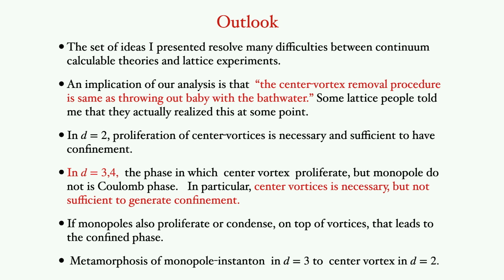Actually, you can consider the Polyakov model not with one adjoint X field, but two adjoint X fields, and you can break it to Z_N. The Coulomb phase that we talk about is already the phase in which what people call center vortices are condensed. That prepares the medium for the monopoles to be able to proliferate. Otherwise, they are connected by junctions of N of them in the BF phase to each other, and they cannot proliferate.